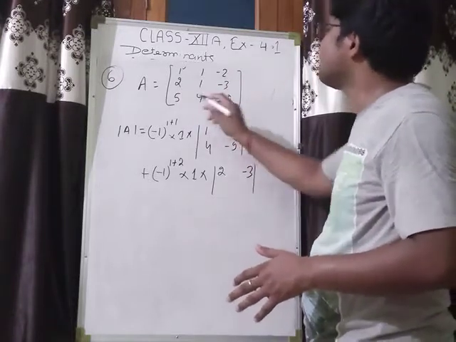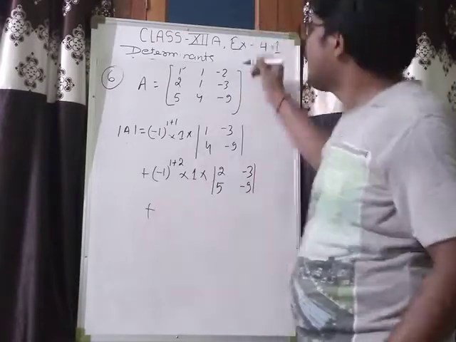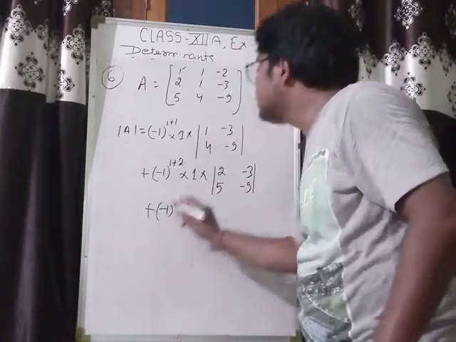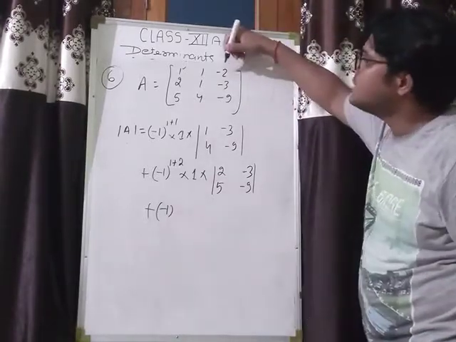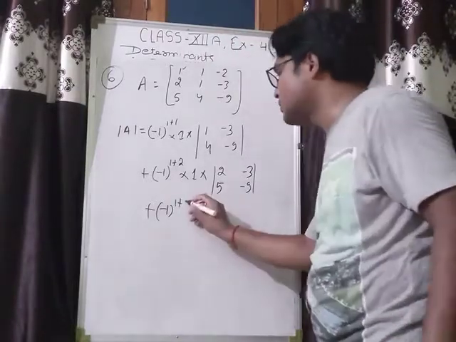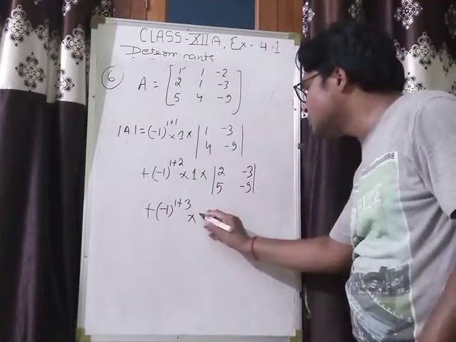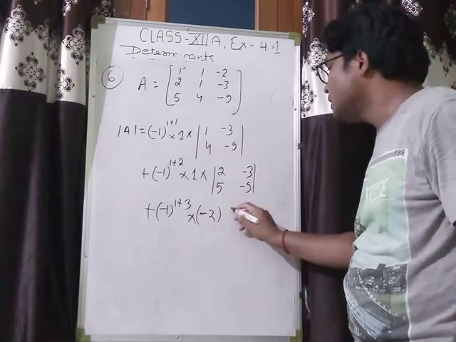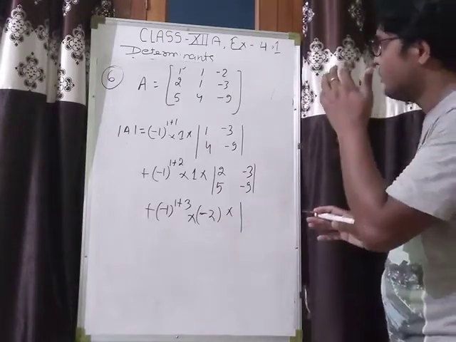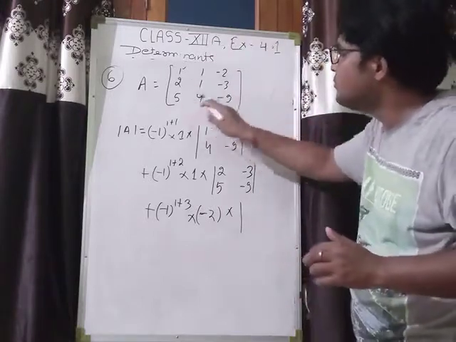Plus now the term related to this entry, that is minus 1 to the power first row and third column, into this entry, that is minus 2, into the determinant of that square matrix, which we can find out by leaving this first row and third column, that is 2, 1, 5, 4.